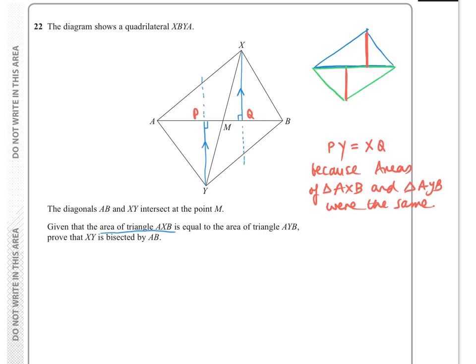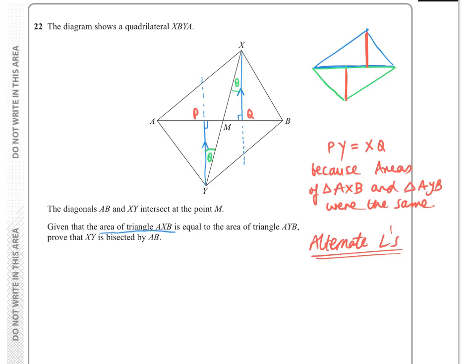I'm going to put in an angle here, theta, and I'm going to call this one theta as well, and the reason I can say that is because they are alternate angles, so I'm going to mention that. You can write a better sentence there. So alternate angles is used.